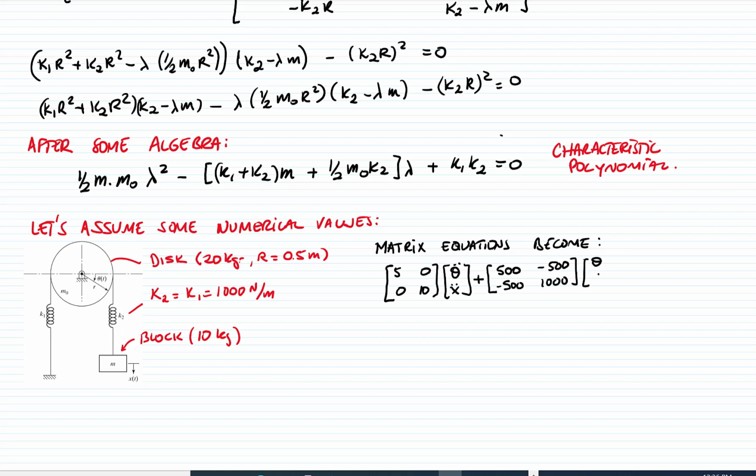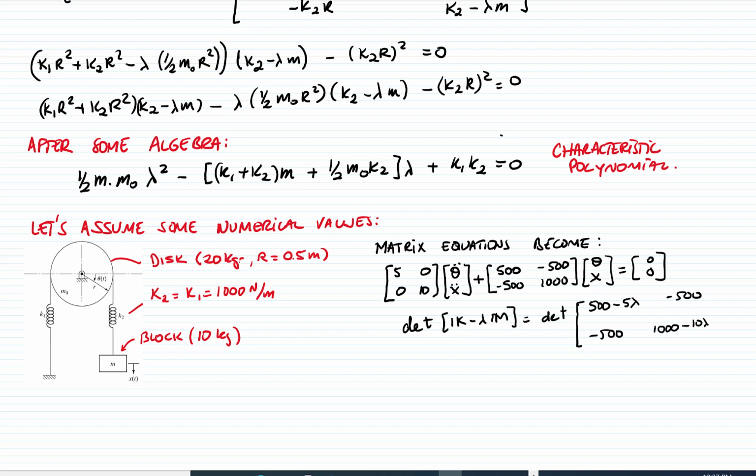And that multiplies the displacement vector, and that's all equals to 0. Now we get the determinant, and then we get the same characteristic polynomial but with our values. So that will be 500 minus lambda times 5, negative 500, negative 500, and 1000 minus lambda times 10. Let's get this determinant.